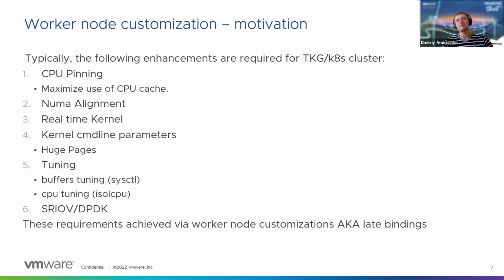All these are examples of post-deployment settings which should be implemented in your infrastructure to support a network function. To address these challenges, we introduce a capability called node customization, or you may see that we refer to it as late binding.